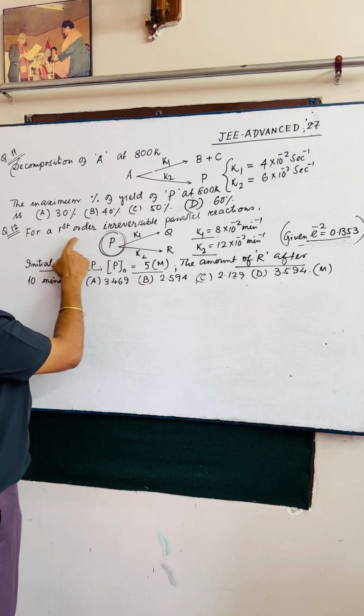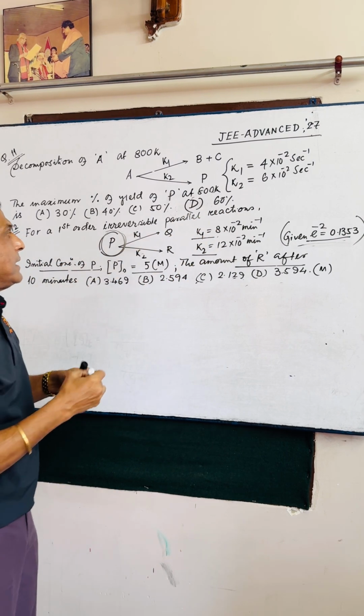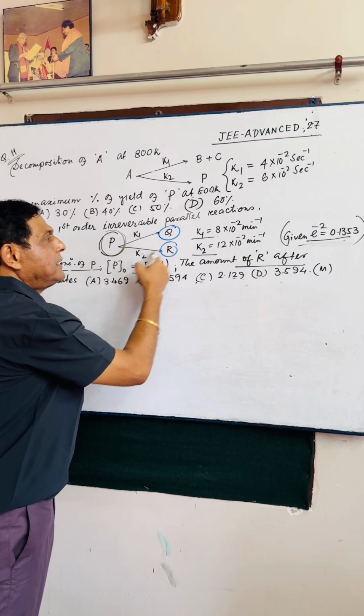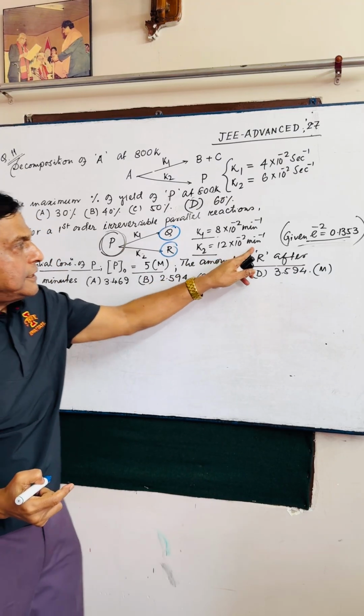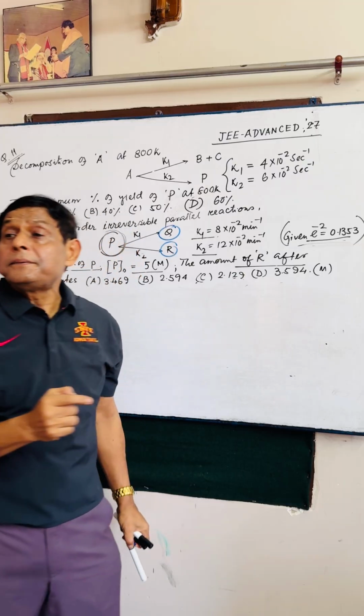It shows a first order irreversible parallel reaction, P to Q and R, with K1 and K2 given as 8 into 10 to the power minus 2 and 12 into 10 to the power minus 2 minute inverse. Here e to the power minus 2 is given in the question paper.